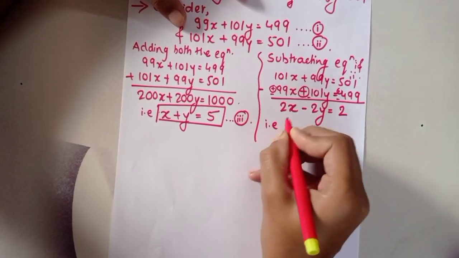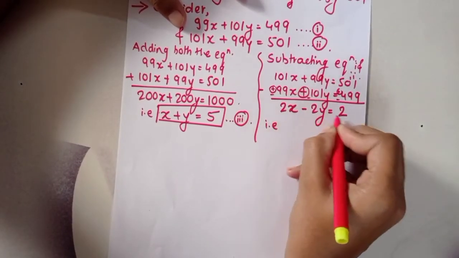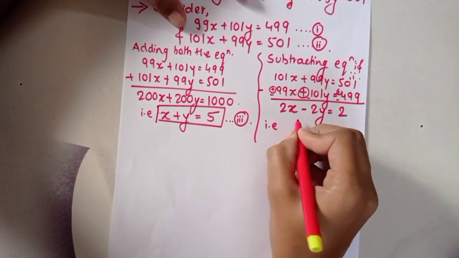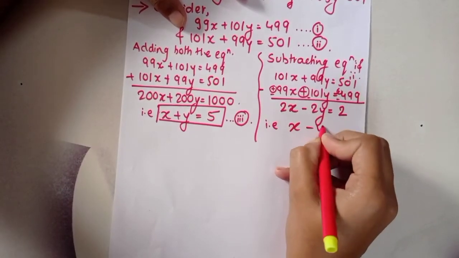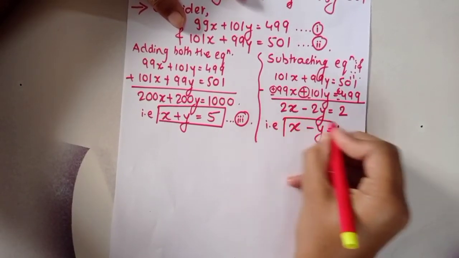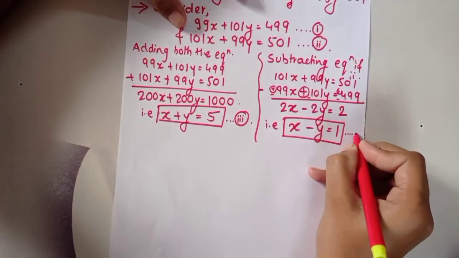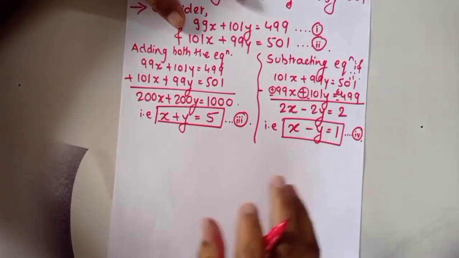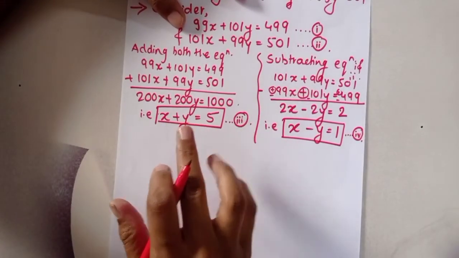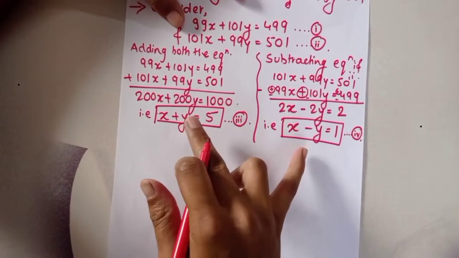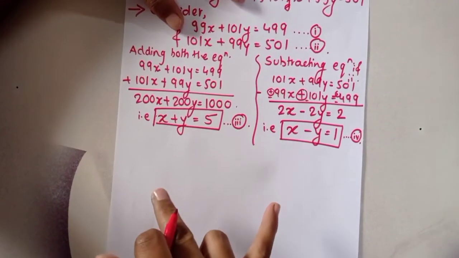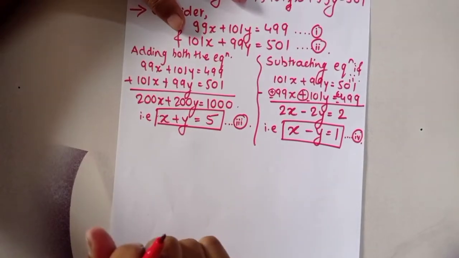Dividing each term by 2, we get x minus y is equal to 1. Considering this as the fourth equation. Now we have got two simultaneous equations to find the values of x and y.